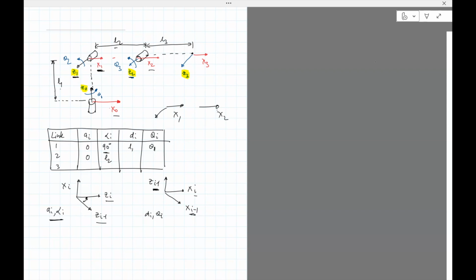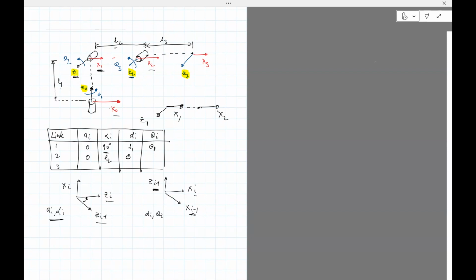Okay, so first let's look at the distance between X1 and X2 along Z1, along this axis. You can see that X1 passes through X2 if you extend it, which means that the distance along this axis will just be 0.